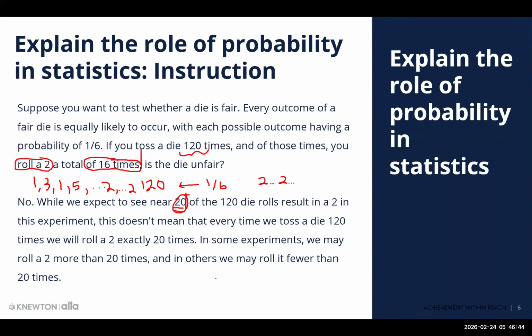Now, if you're rolling a die, say 1,000 times, which may be harder to imagine doing, or at least it would take a long time, you would expect roughly 1/6 of that. I'm going to need my calculator for that. So let me see if I can bring that up.